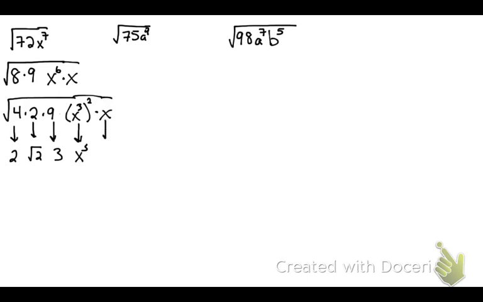And the square root of x doesn't simplify, so it's just the square root of x. When we clean this up by putting the numbers outside of the square root first, we would get 6 from 2 times 3, x cubed, times the square root of, I'm going to multiply the things inside the square root, 2 and x.